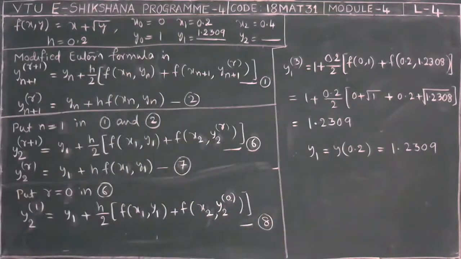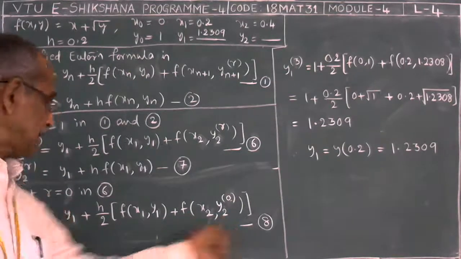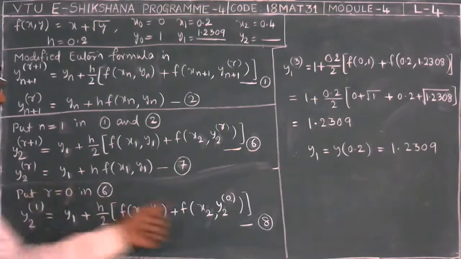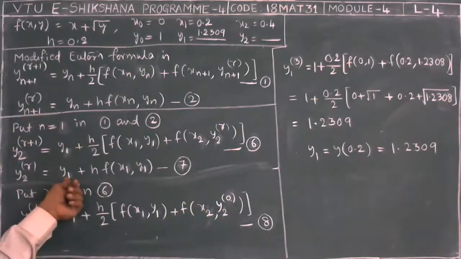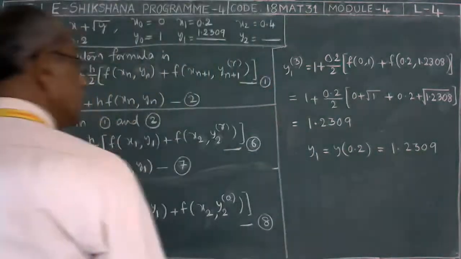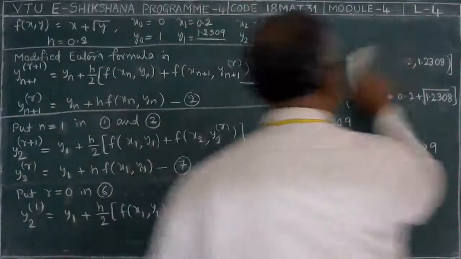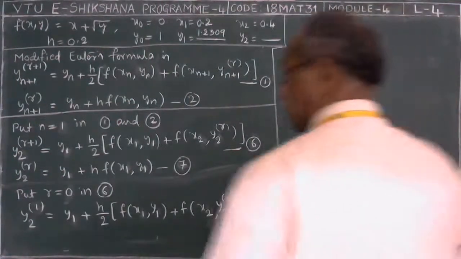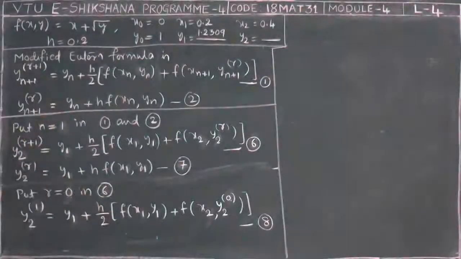Now, I need to substitute for y2 0 in A and compute y2 1. First iteration. So, y2 0 comes from equation number 7.